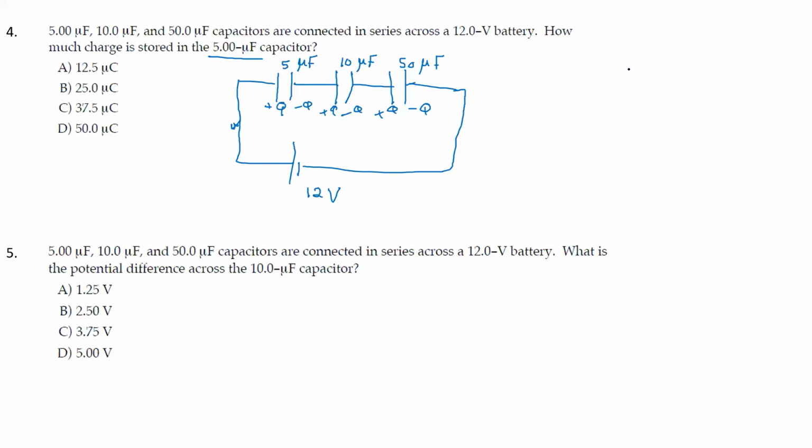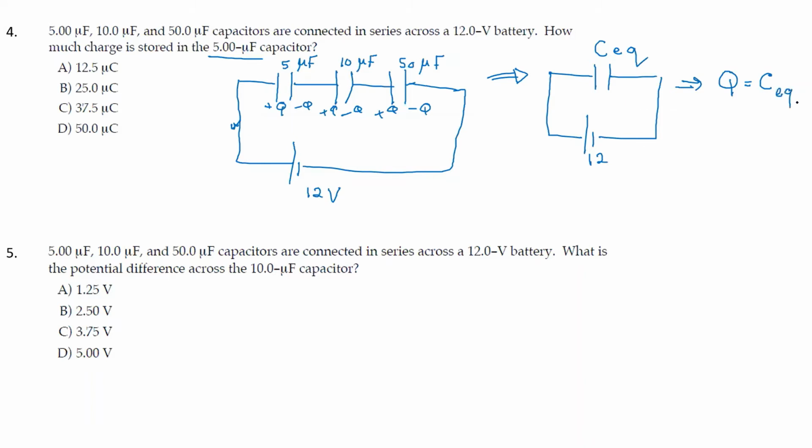So how can we do this problem? If you remember the summary that we did on the first slide, for a problem like this, we have to calculate the equivalent capacitance. Once we do that, we can use Q equals CV for the reduced circuit to find the charge.